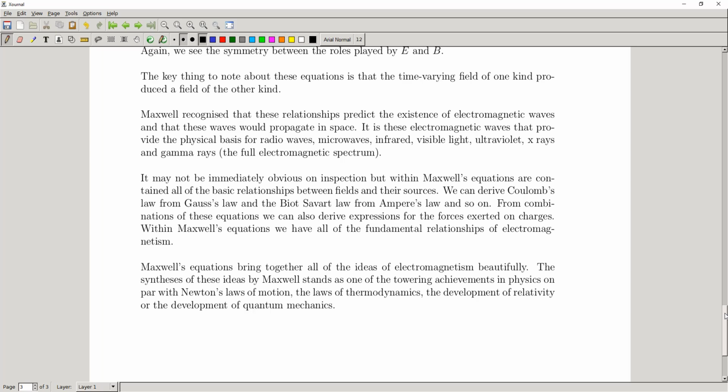We can derive the Biot-Savart law from Ampere's law, and so on, right? We can derive the force expressions, the expressions for electric and magnetic forces, by combining different ones of these equations together. So we're not really going to go through and carefully show how you can derive these from one another.